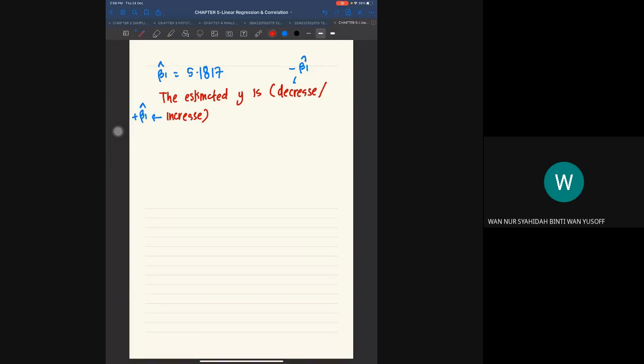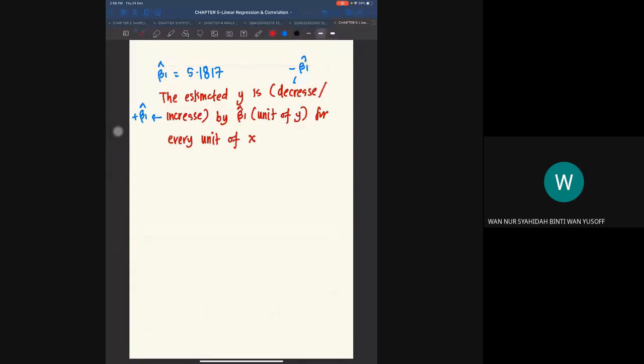So y increases by beta 1 cap, with the unit of y, for every unit of x. If a unit of x exists, then you have to state it here. If not, just state "every unit of x".